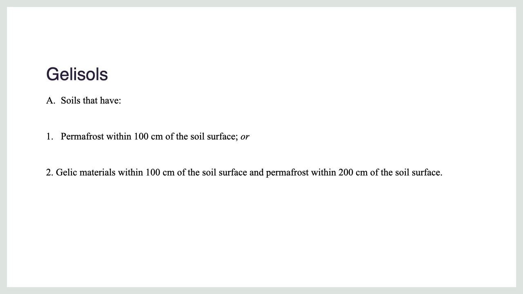So any kind of soil that presents permafrost and maybe gelic materials must be classified as a Gelisol, okay? So great, quite easy. We just need to monitor the soil temperature, and then we can call one specific soil a Gelisol, okay?